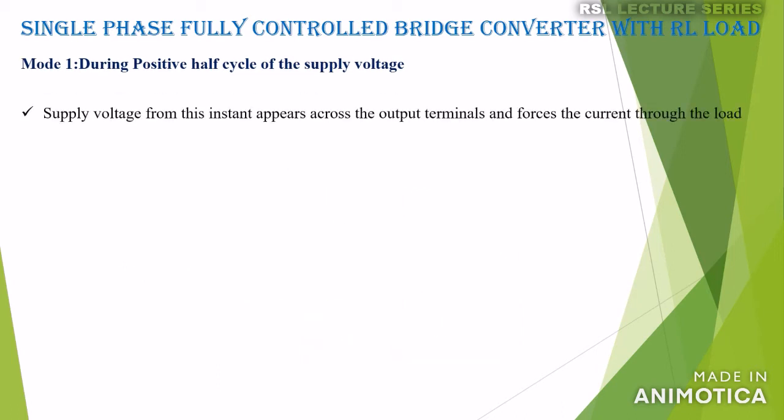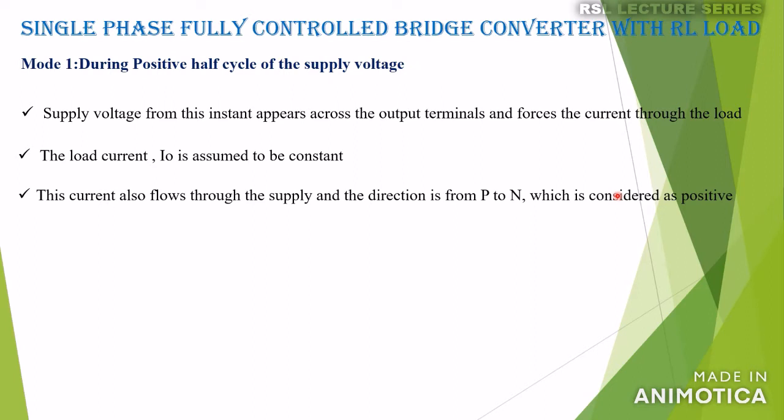Now, as I said earlier, the supply voltage will appear from the instant when these two thyristors start conducting, and the current will continue to flow through the load. Here we have assumed a larger value of inductance, and hence the current is assumed constant. This supply current flows from P to N, and hence it is considered positive.